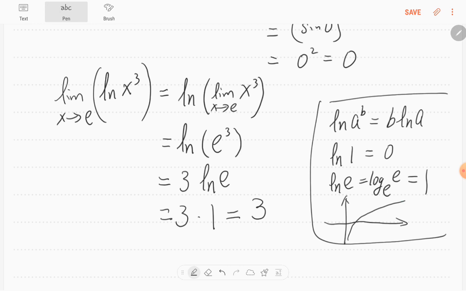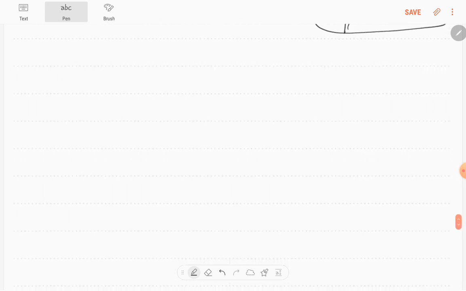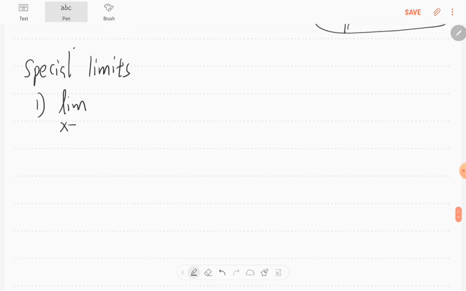So now let's look at some special limits. Some problems we may need this result. This is the first one, which is a very important one. The limit as x approaches 0 of sine x over x is equal to 1.